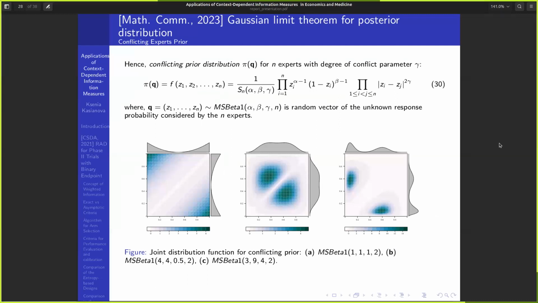Here you can see if we use this function as a so-called conflicted prior distribution, we can account for the fact that we know that our experts are in conflict because we have the last term, the absolute value of the difference between z_i and z_j to the power of 2 gamma. And gamma will be the conflict parameter, the degree of conflict parameter.